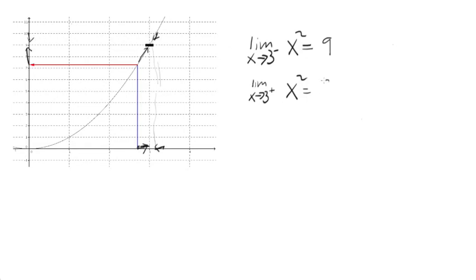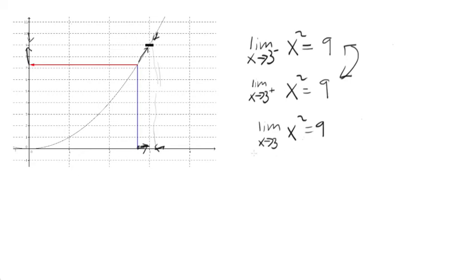So we would also say that the limit as x approaches 3 from the right of x squared is equal to 9. Since these two things are the same, we would say it this way: the limit as x approaches 3, not from the right, not from the left, just from both sides, of x squared does equal 9.